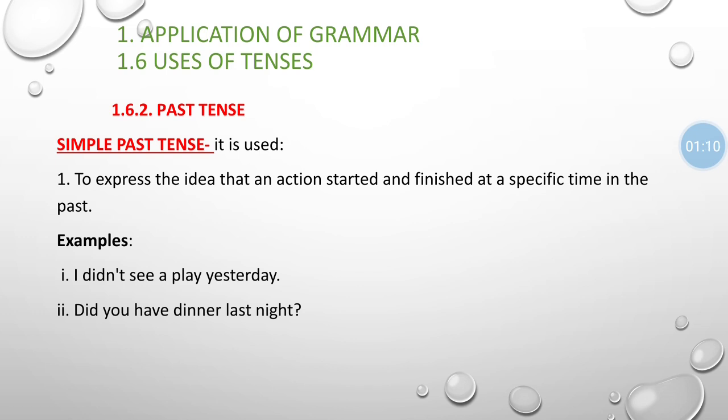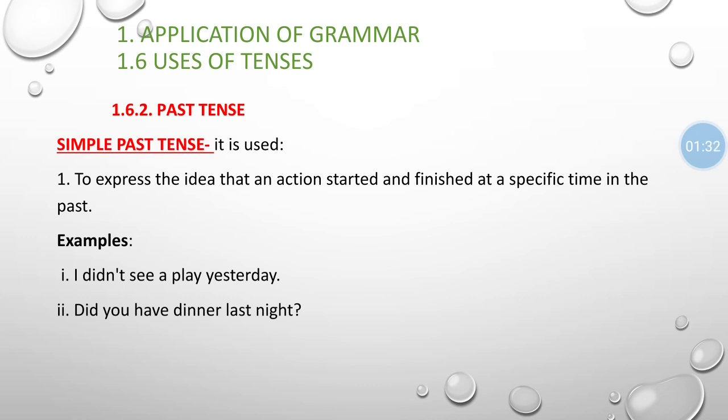At the same time, when we are dealing with the action that is completed or over in the past, such types of completed action are indicated by the past tense. Just like the present tense has four aspects, past tense also has four aspects, that is simple, continuous, perfect and perfect continuous.